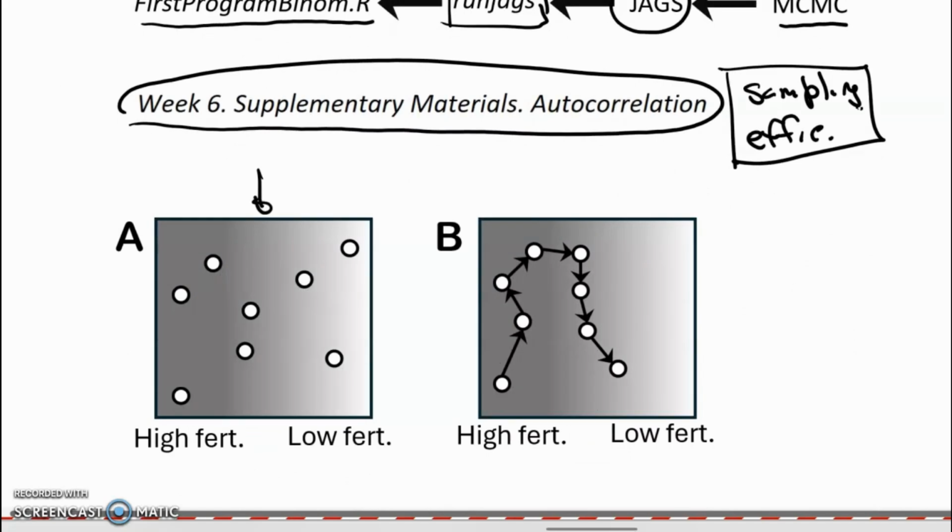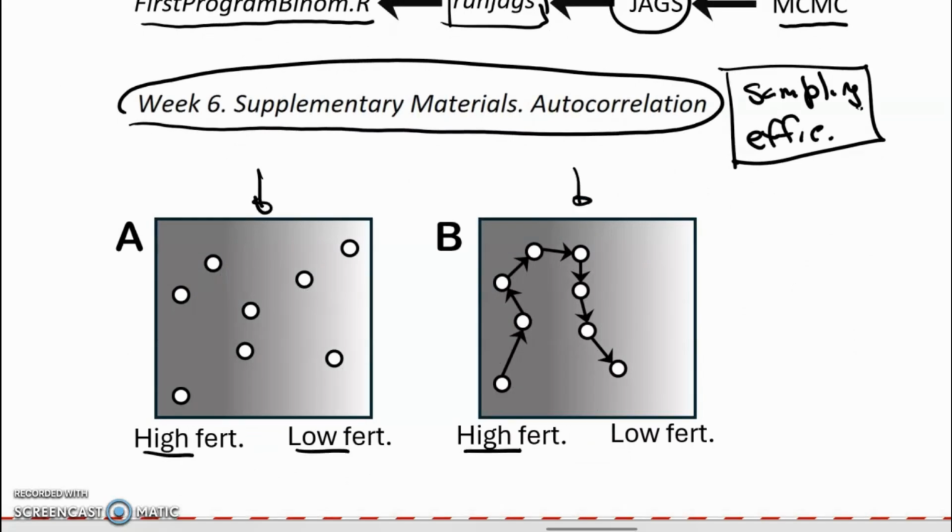So here we have fields, and these fields have high fertility and low fertility areas, and we're going to sample them in two different ways. One is a fully random sampling scheme, and another is a random walk.